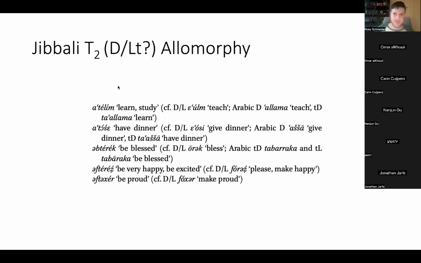Here we can see some allomorphy in the T2 stem in Jibali. For example, atelim, we can see here the A that is stressed, and that is because both Ain and Lamed are not voiceless and non-emphatic.